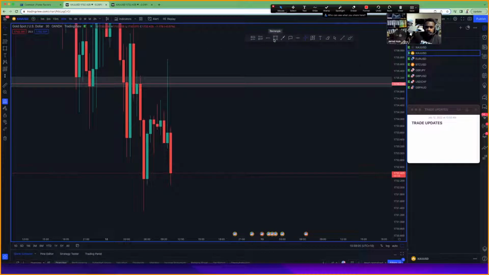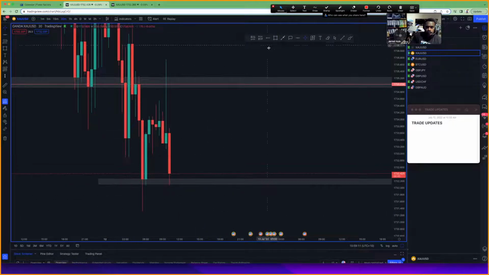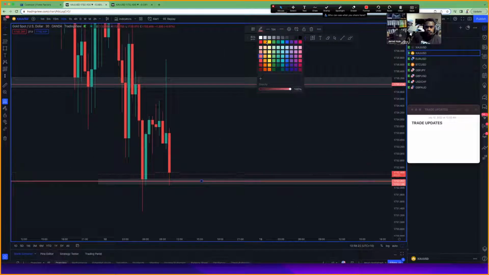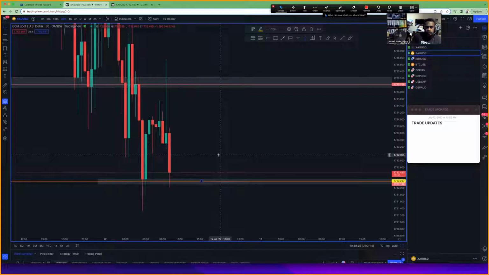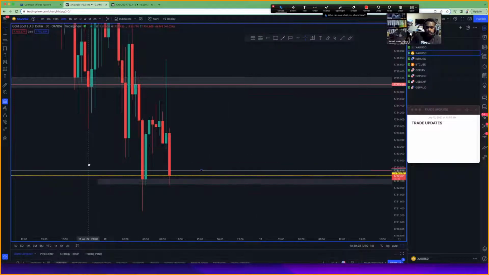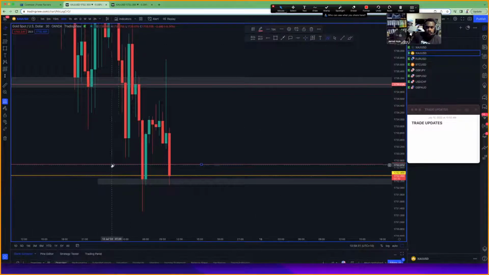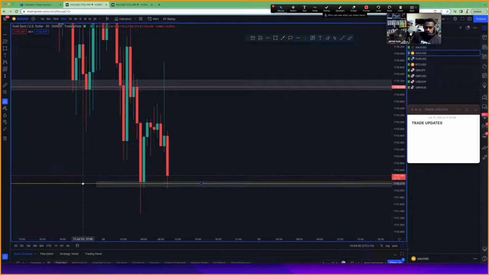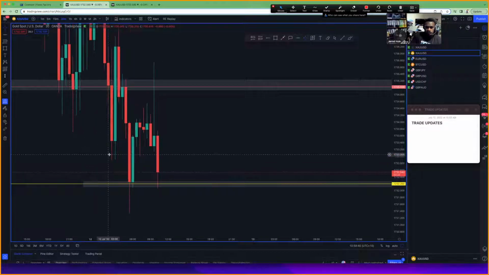I think if we reject these lows, we could potentially drive up at this point. We have a support level at 1732.200, and it's pretty much holding at this point.